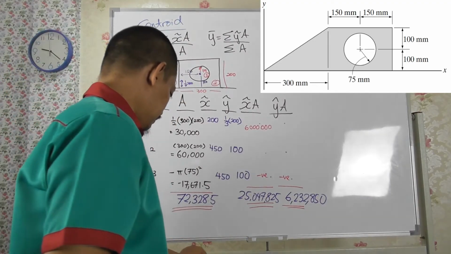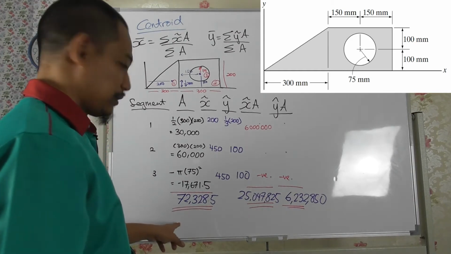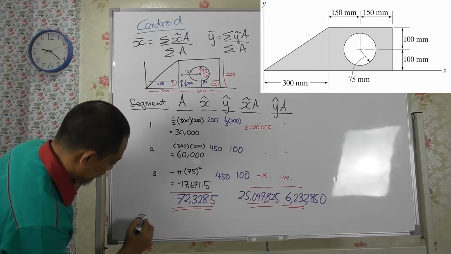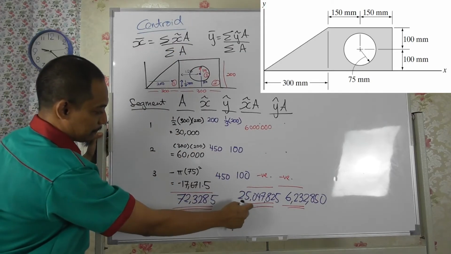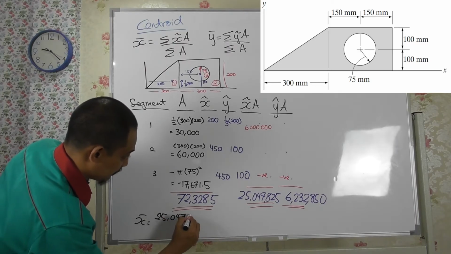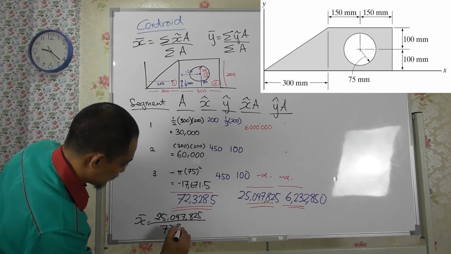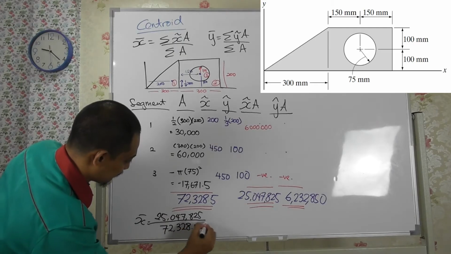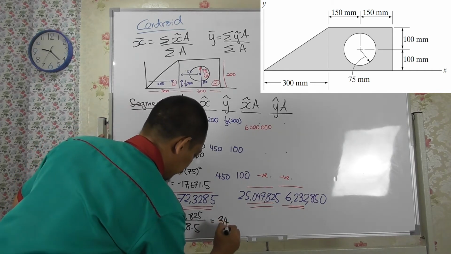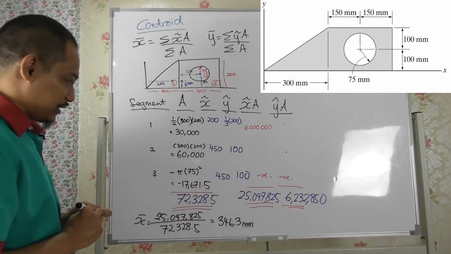So based on that, if I use down here, x bar is basically this one, 25,047,825 divided by 72,328.5, and then you will get something like 346.3 millimeter, right? Do some reflection whether this is logical or not.